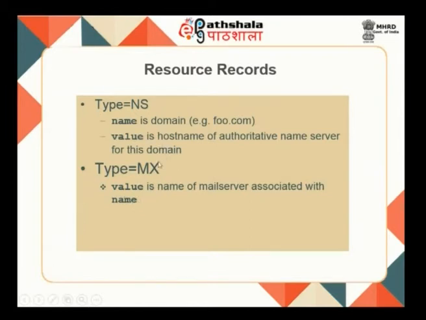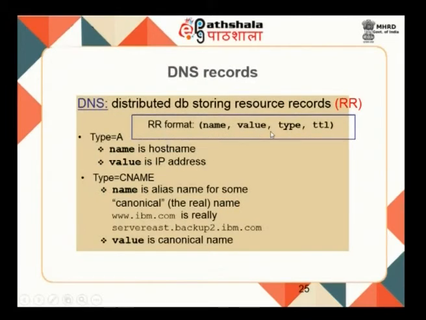So, the name and value fields are interpreted differently for different types of records. Depending on the type of record, you will have to see how this information is interpreted. Once you get an A type record, you get the actual mapping between the host name and the IP address. For instance, if you send out an alias name, what will come back will be a CNAME record, and you will also get an A type record for the CNAME that is sent, so that you can get the IP address corresponding to this alias name.